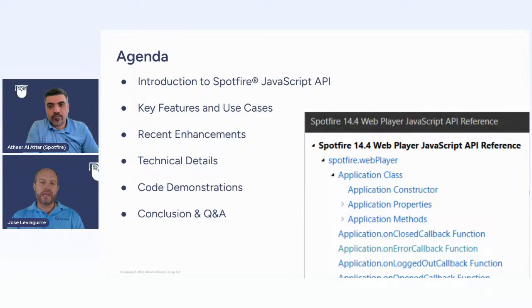So let's go through the agenda. Today, we will dive into the Spotfire JavaScript API, which is a powerful tool that bridges Spotfire analytics with web applications. In today's business environment, standalone analytics sometimes are not enough. We need our analytics to be integrated in our workflows and applications.